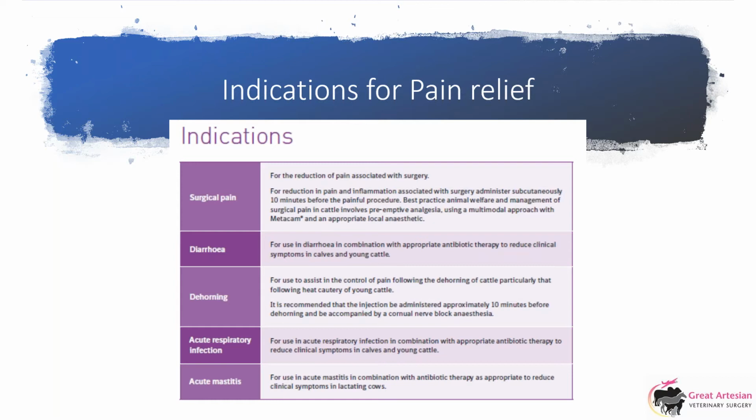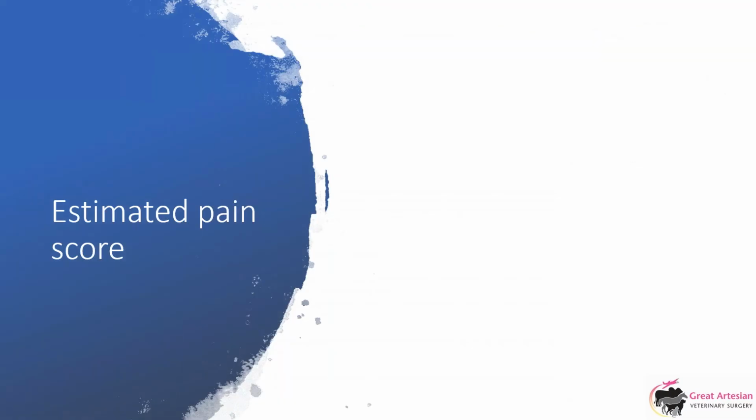Let's talk a little bit now about how we recognise pain in animals. One thing that we use quite commonly across all medical groups is to estimate the pain score. If you've ever been to hospital for surgery, the nurses will have asked you probably many times in recovery to estimate your amount of pain on a score of 1 to 10.